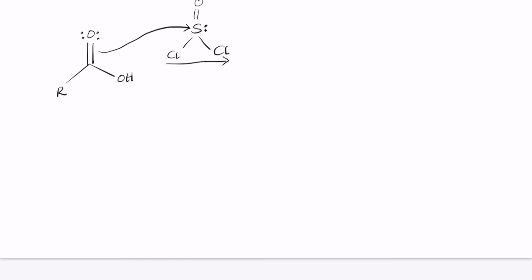So now it attacks the structure, and you end up with oxygen here getting two lone pairs of electrons. This oxygen will donate one pair of electrons here and create a double bond. So this is the first part.